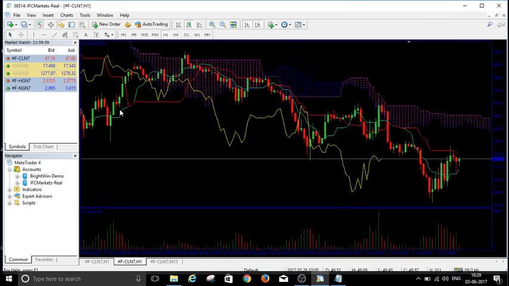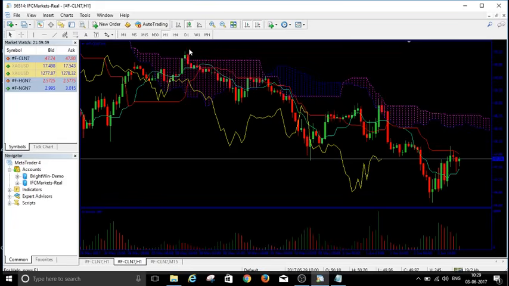See here, when price action is in between the clouds, then we can say that the market is consolidating. So see this here, this is a flat cloud, meaning the Kumo ceiling.